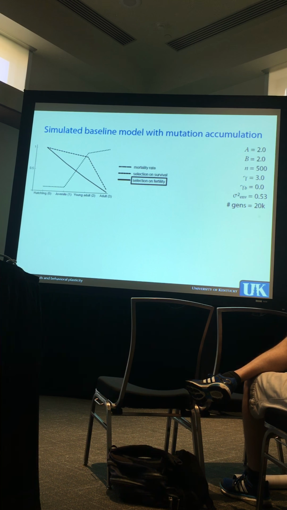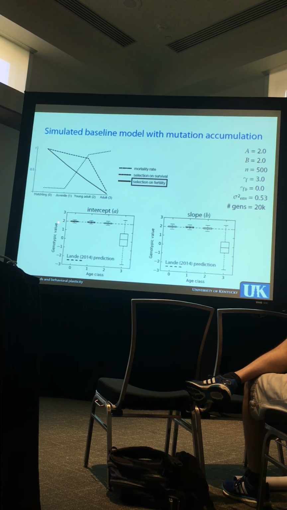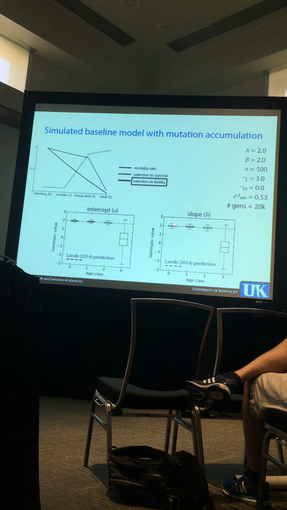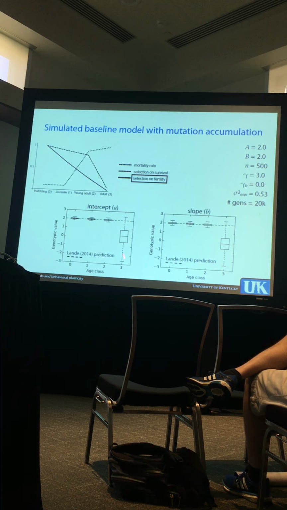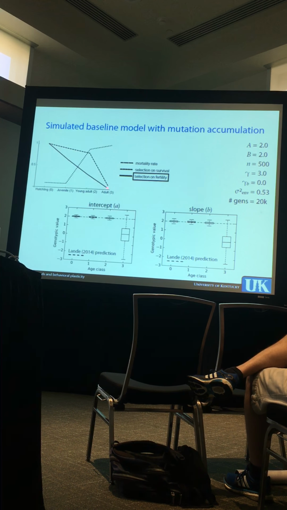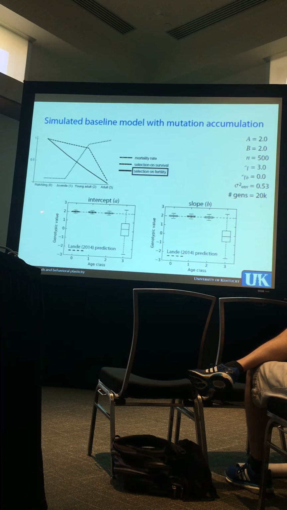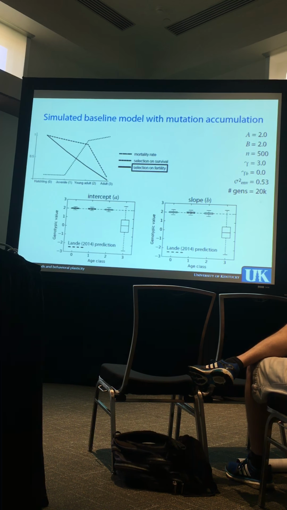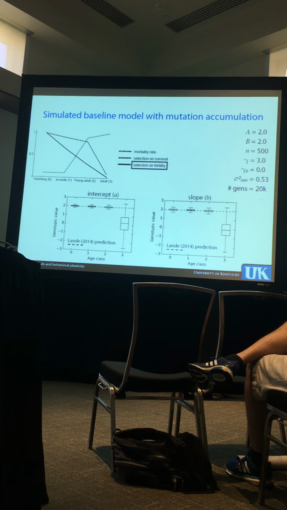First, we'll look at when traits have an effect on fertility. What we find is that for early age classes, we evolve the optimal intercept value and the optimal slope, so we have the optimal reaction norm. For very late age classes, the last age class where the force of selection is weak, we see a reduction in the ability to get towards that optimal. In fact, we're wandering around about 0, which is the mutation accumulation result, where there's no selection and we're just getting deleterious mutations.